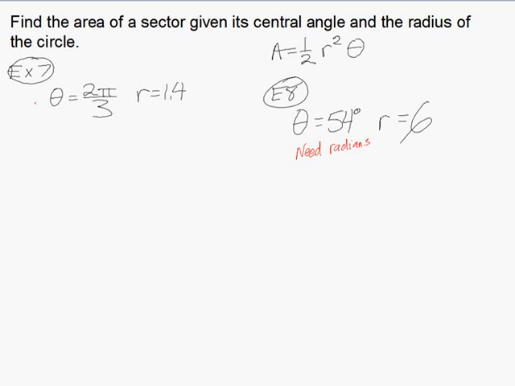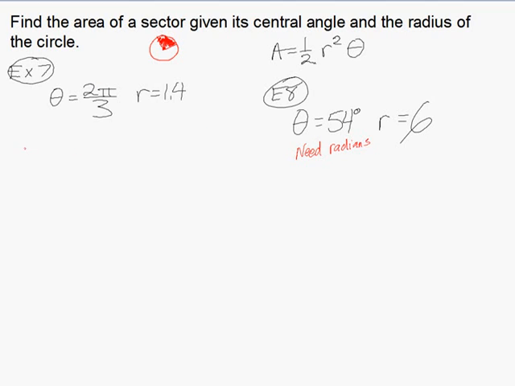All right. Find the area of a sector given its central angle and the radius of a circle. Okay? So I have a circle, I have the angle, I have the arc, and I'm trying to find this piece of the circle, the actual pie slice. So right here, this is in radians, and right here, we need radians.